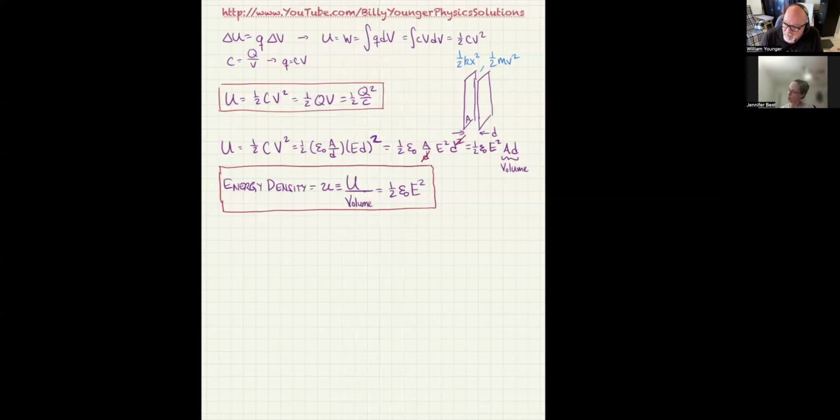This will come in handy later when we're trying to see the connection between electric fields and magnetic fields, because there's an exactly similar expression when we get into magnetism that basically says the energy density is 1/2 times 1 over mu 0 times B squared, instead of E squared.